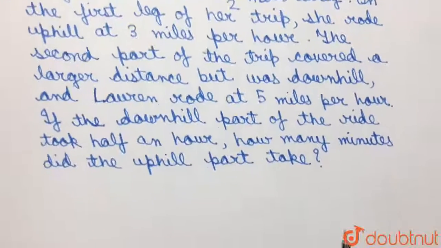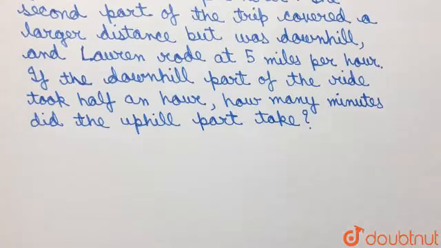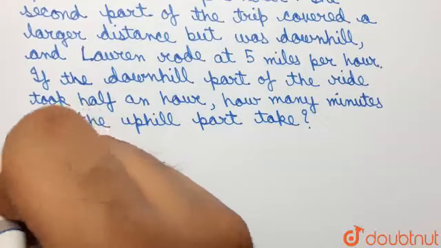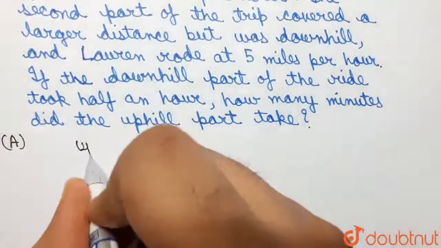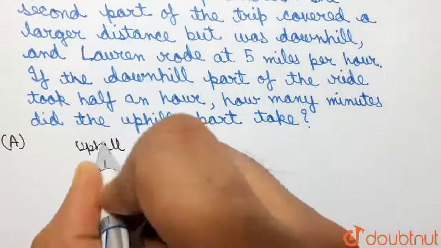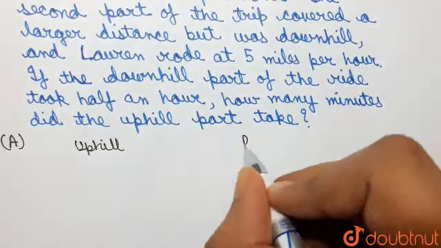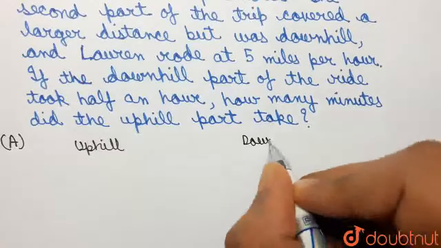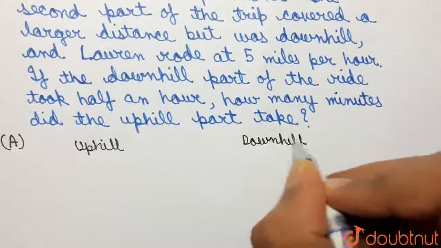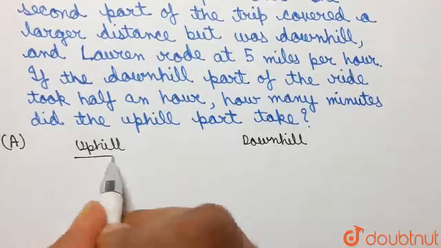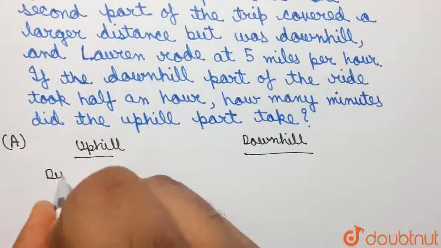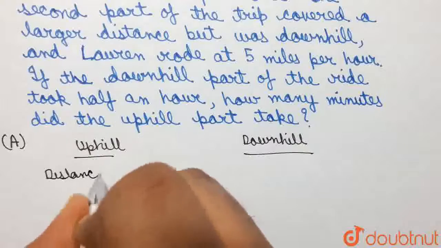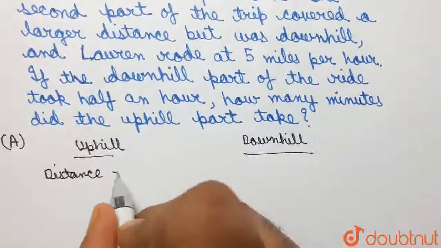Okay, so as per the question, the total ride consisted of two parts, one of which was uphill and the second part was downhill. Now let us assume that during the uphill part, Lauren covered a distance given by x miles.